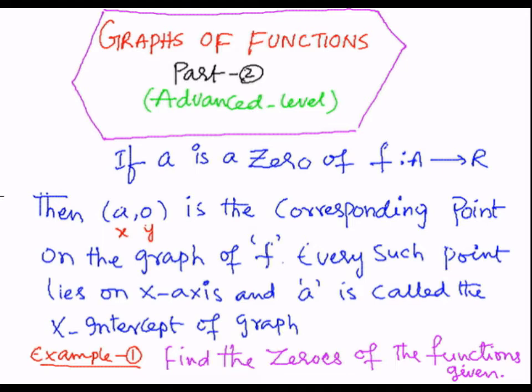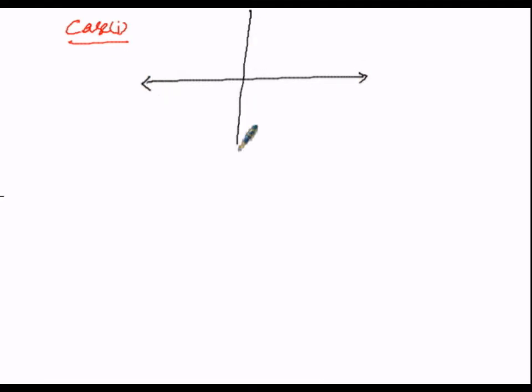In this first case we are going to consider the first graph. This horizontal line is the x axis and the vertical line is the y axis.